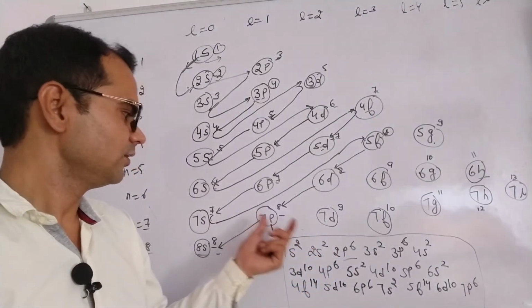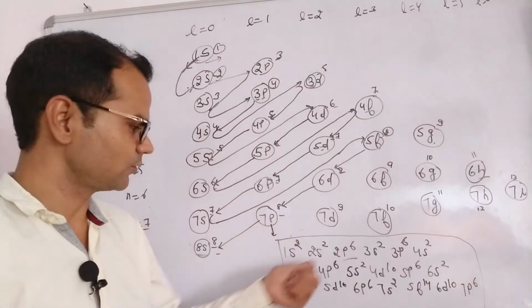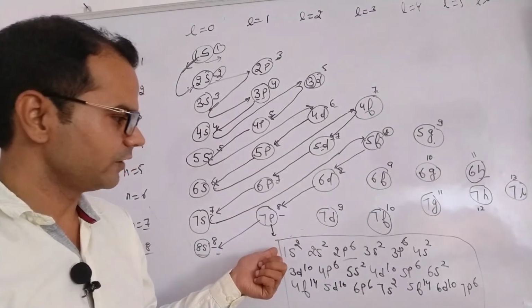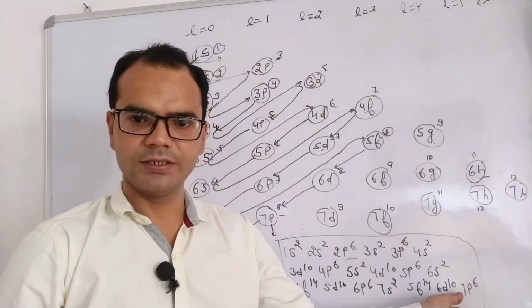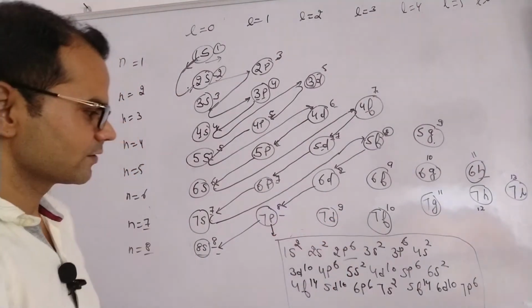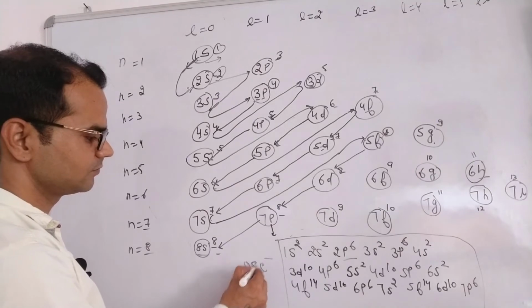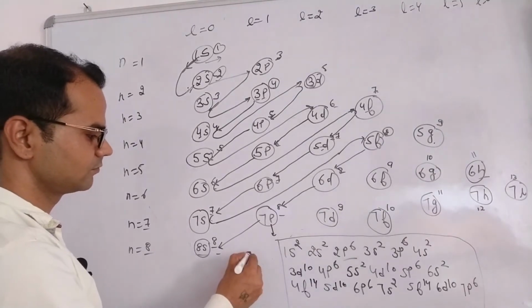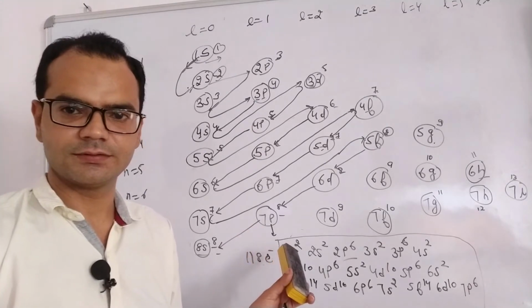Electron will enter in those orbitals first whose n plus l value is least. So electronic configuration starts from 1s2 and we end here at 7p6. If we count the total electrons, then total electrons here will be 118.